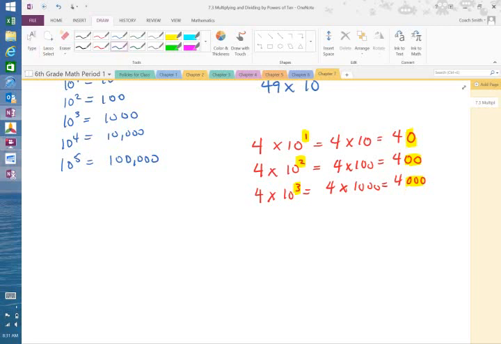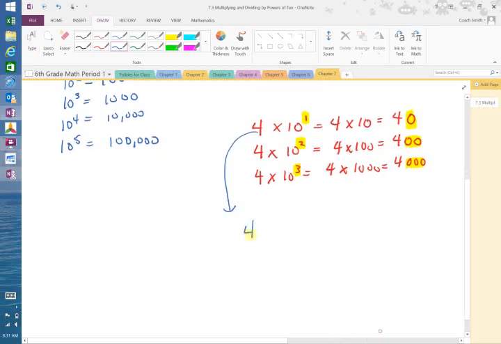On each one of these, I'm taking the number 4, and I'm taking the decimal that is right here, and I'm moving it one place to the right. So I have to add a 0. That's where I'm getting 40.